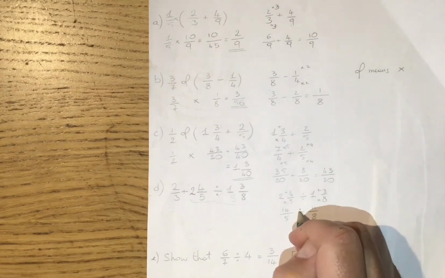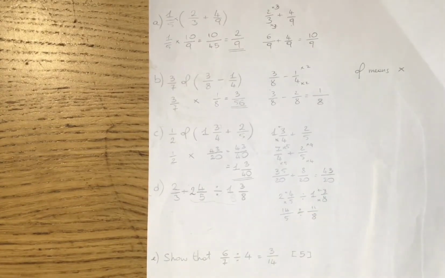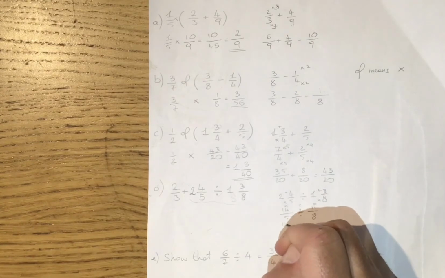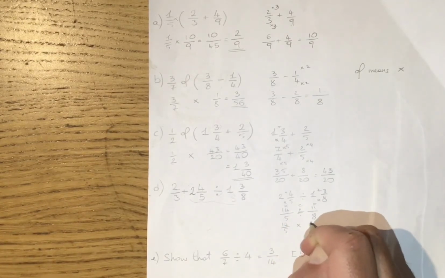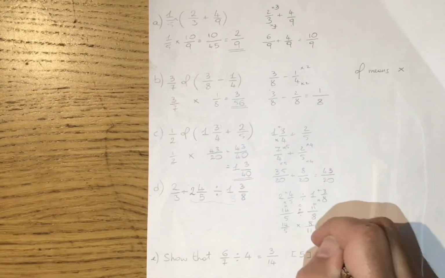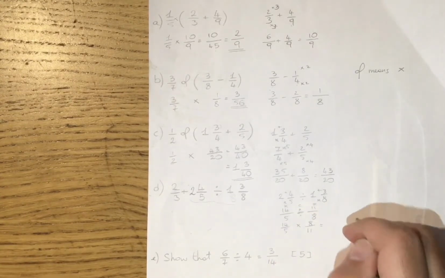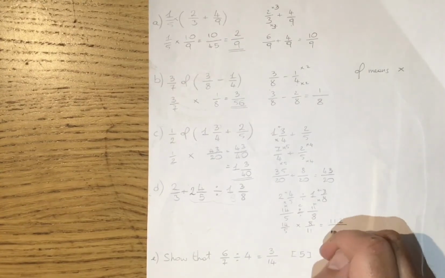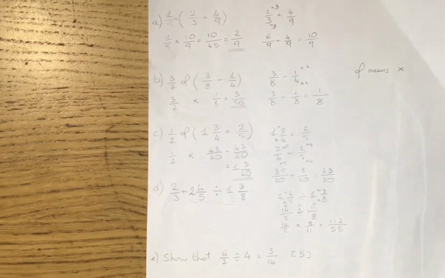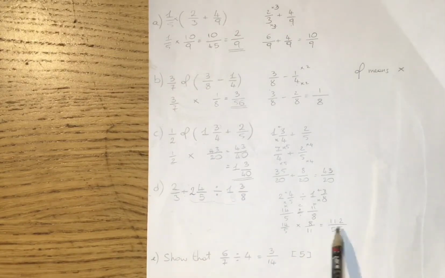Now, in order to divide two fractions, I need to keep the first one, change the sign, and flip the second one. So now we have 14 times 8 is 112, 5 times 11 is 55. We're dealing with big numbers, but this is this.